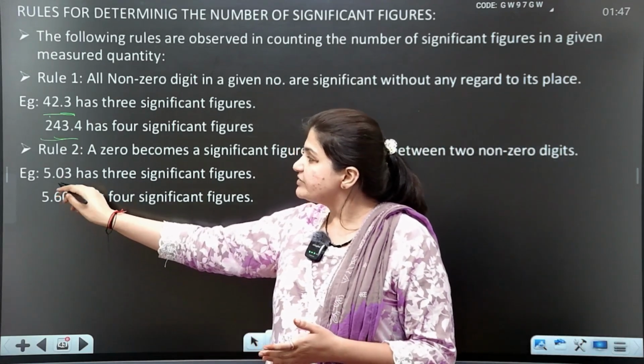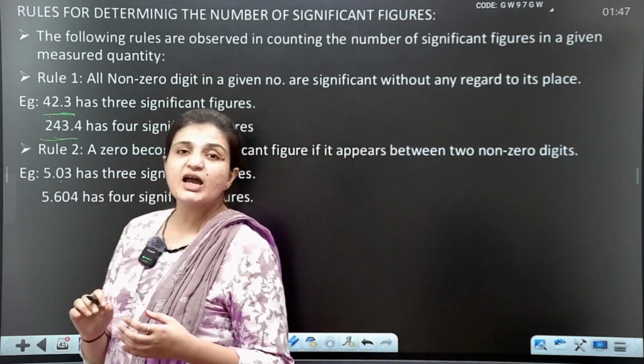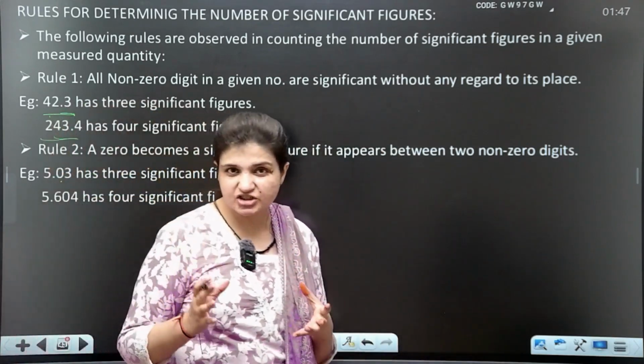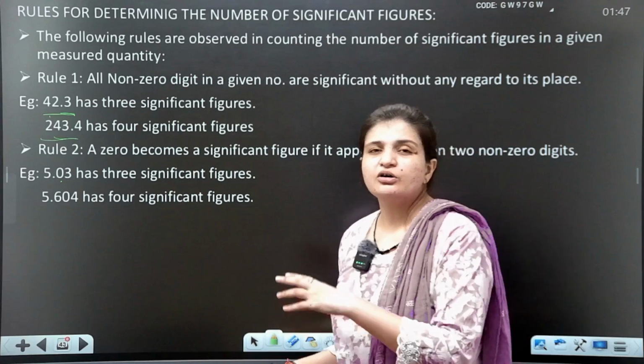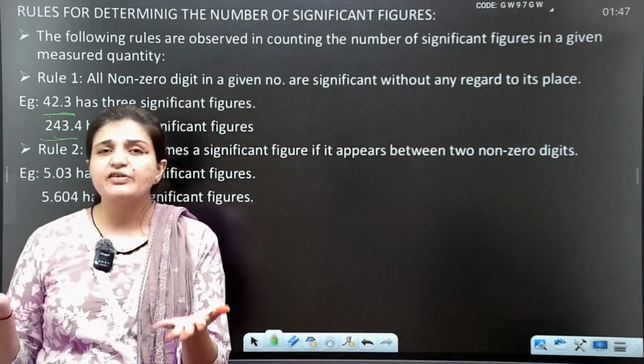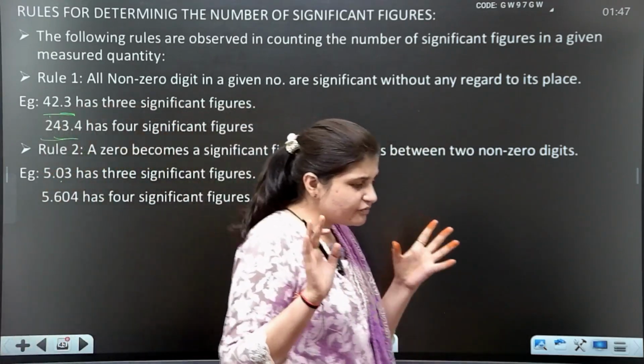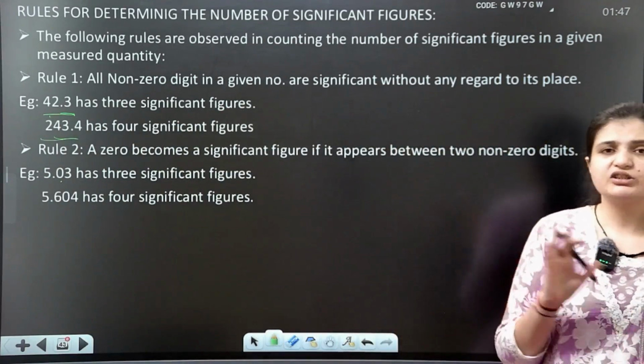When we are counting the number of significant digits, we have to consider the case of 0. We should know when a 0 is counted and when it is not. All non-zero digits will be counted.